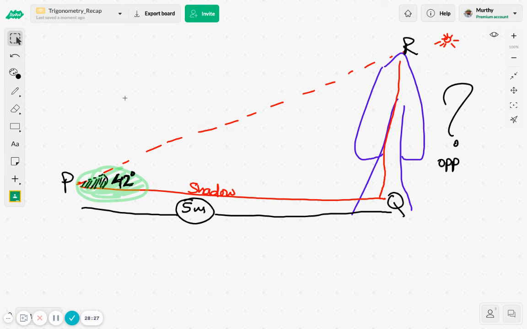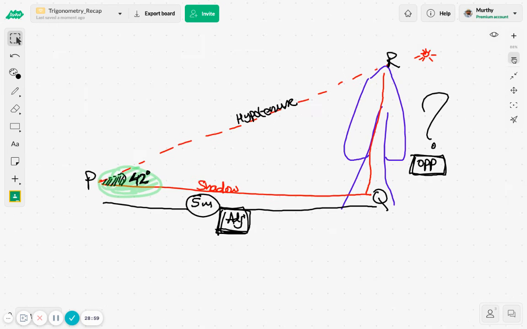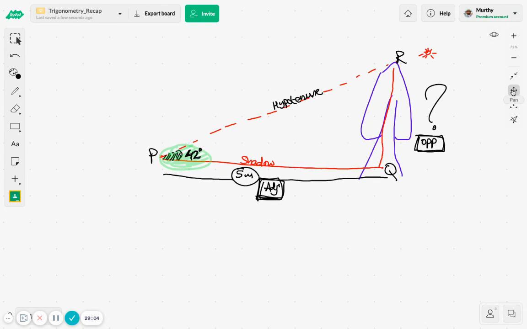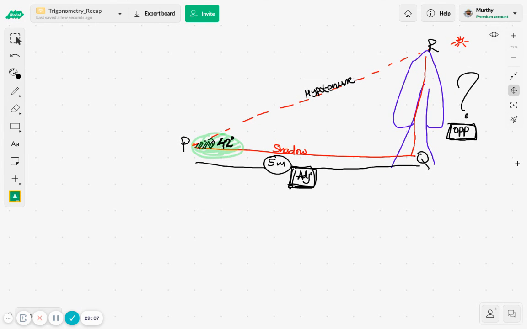This is the hypotenuse, and there is nothing to do with the hypotenuse in this particular case. The side next to the angle we call the adjacent side. So where do you find the adjacent side and the opposite side? That can be found in SOHCAHTOA. Of course, I know the answer, I'm just trying to explain to you.